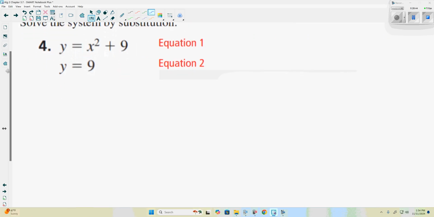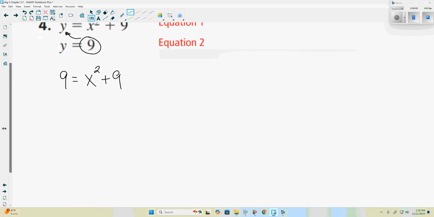Y equals x squared plus 9. Y equals 9. Well, this is kind of nice because we know that the y value is 9. And again, we can substitute the 9 into y, telling us 9 is equal to x squared plus 9.